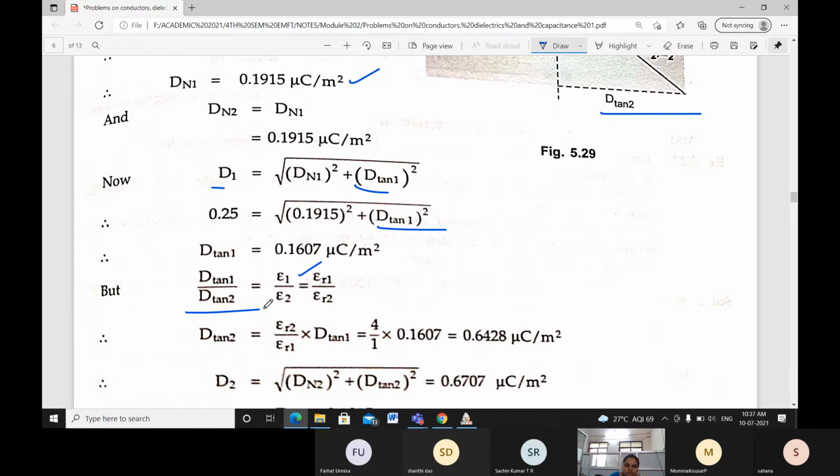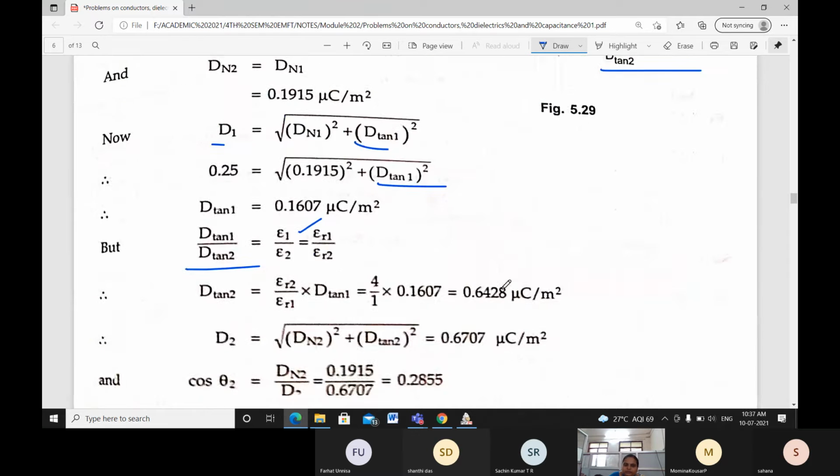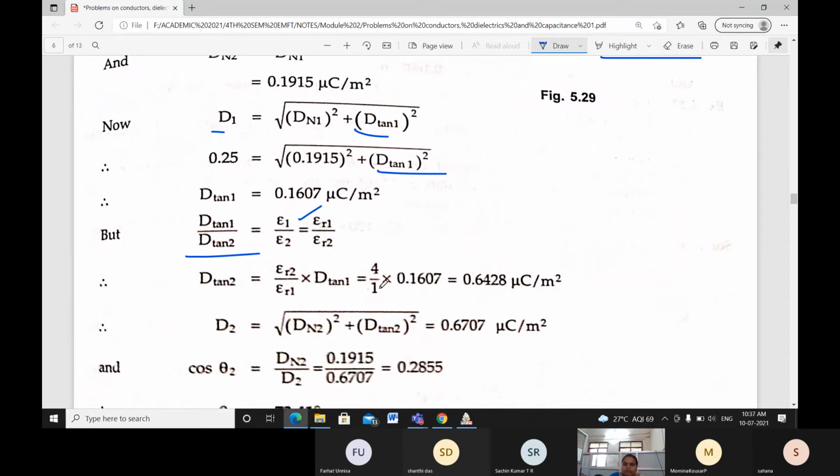We don't know d tan 2, therefore take that out. d tan 2 is epsilon R2 divided by epsilon R1 into d tan 1. What is epsilon R2? Here it is 4 divided by 1 into 0.1607, and you will get 0.6428 microcoulombs per meter square.